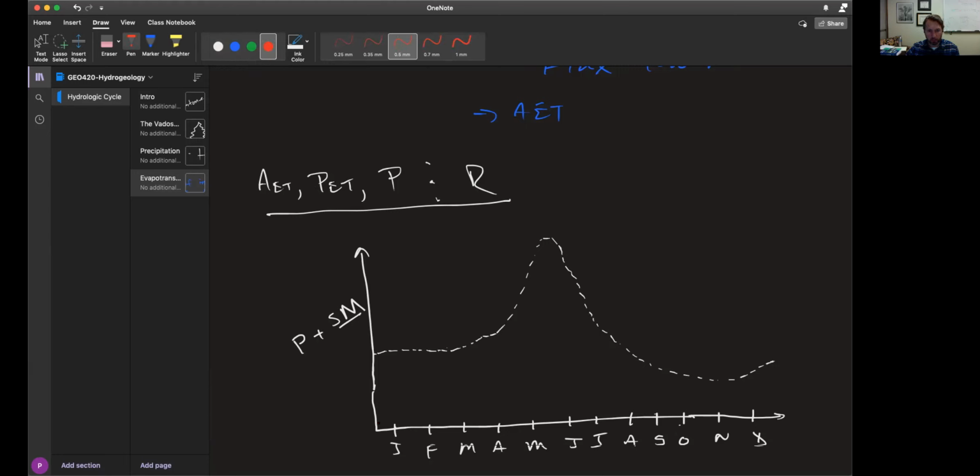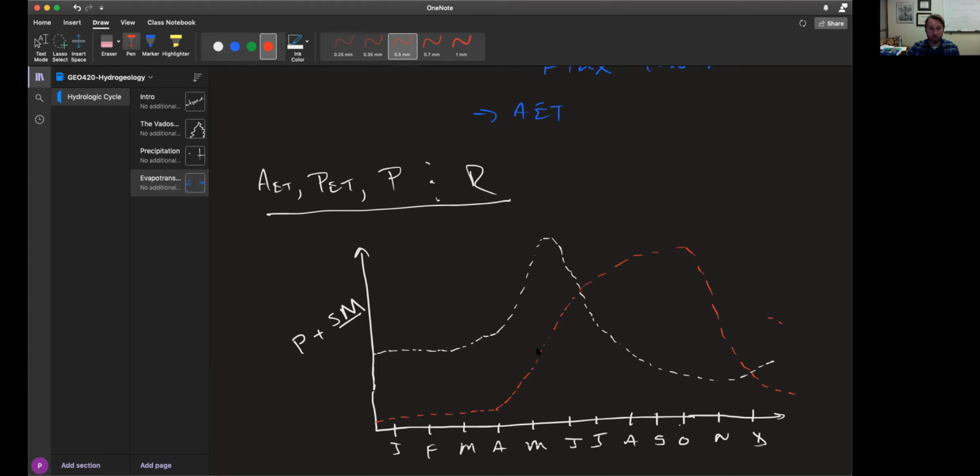So PET during these months is low, during the winter is low. And then it starts to pick up in spring, all right? And then in summer it gets really high, and it continues up really high and then comes back down here in the winter. Well, it should come down faster. All right, in the winter.